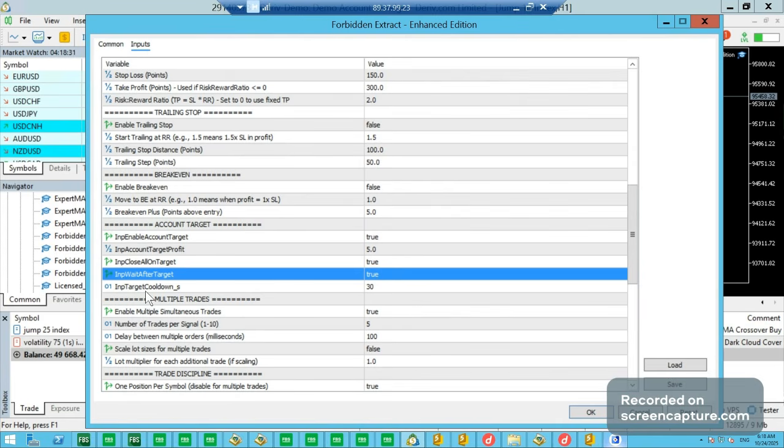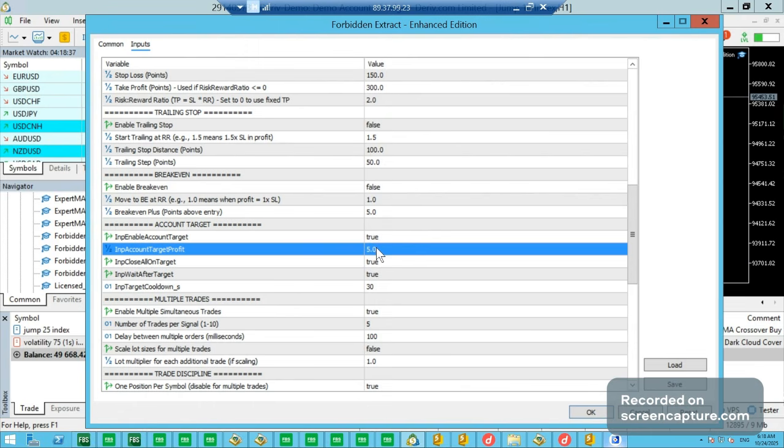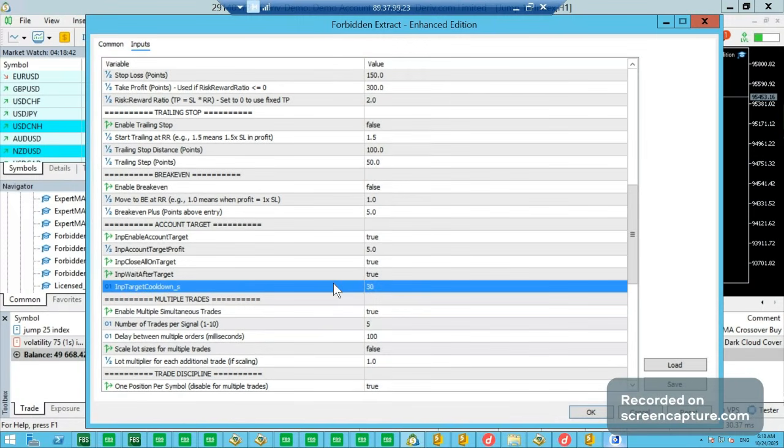Now, input target cooldown. Immediately the EA achieves $5, what this function does is ensure that the EA waits for signals after 30 seconds.